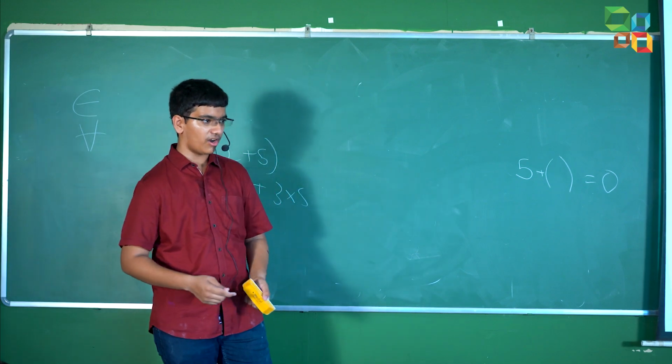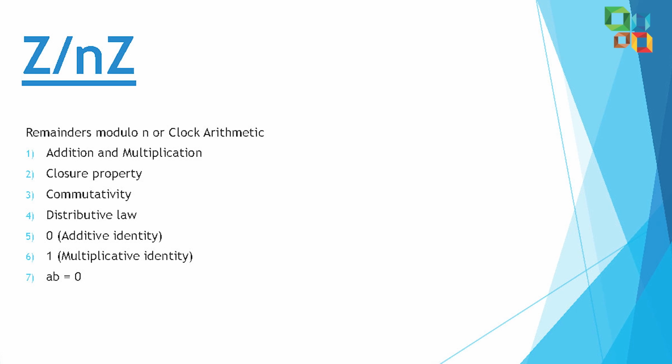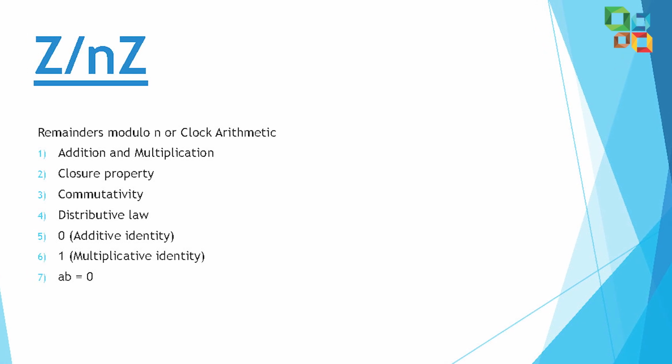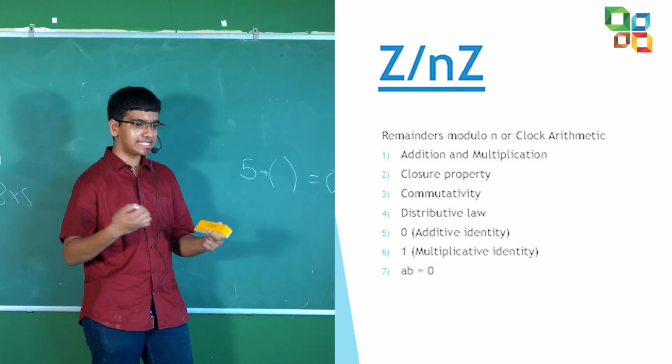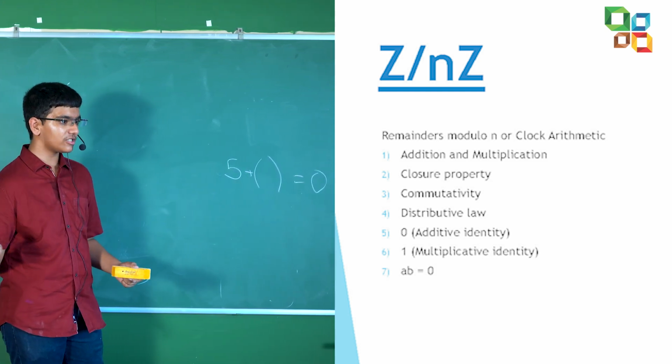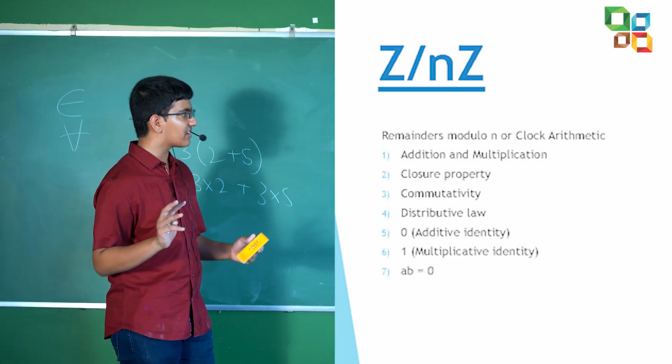It's called Z mod N Z. The name may seem weird right now, it will make much more sense in a future talk, but keep the name in the back of your mind.